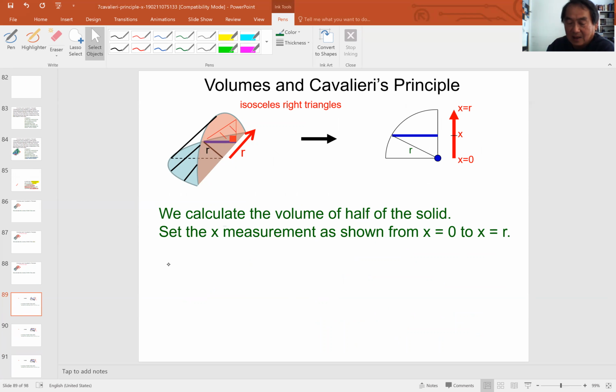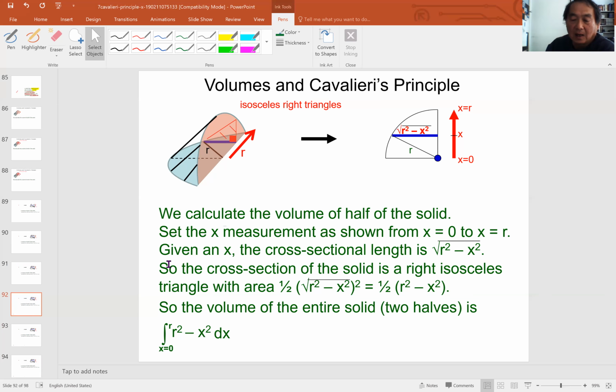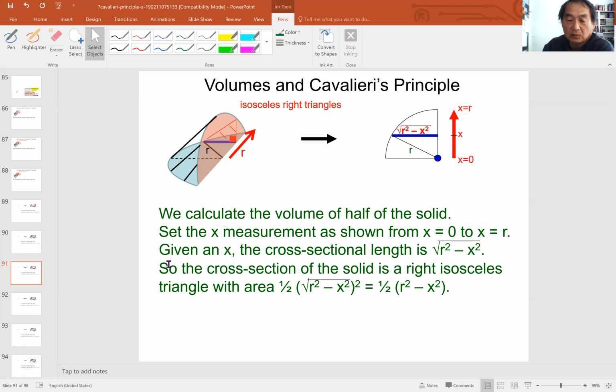Okay, and then here it goes to the process of finding the cross-sectional area, which is a triangle. Okay, so I want to know how big this right triangle is, and we look at it from top down to find out what the length of this is.